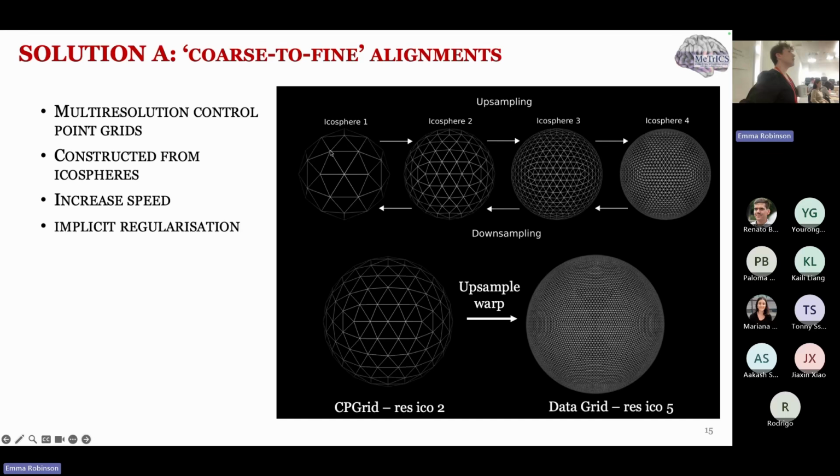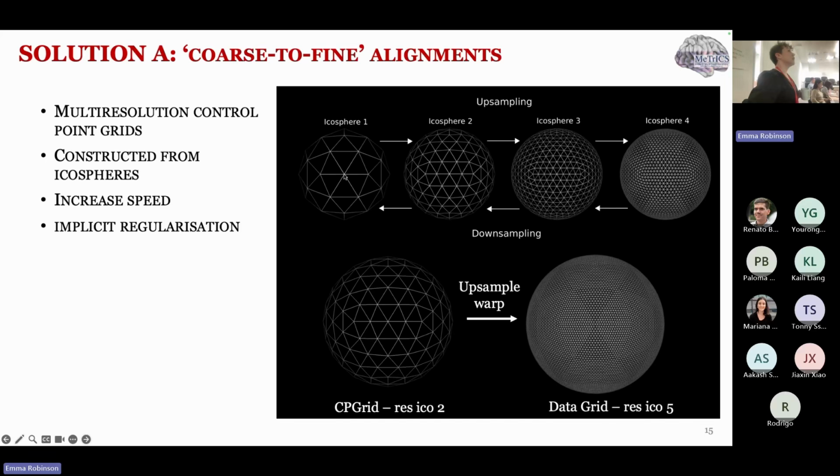This improves alignment because it gives you more freedom to move smoothly. You can learn a larger, smoother deformation at a low resolution, and then you can refine the fine detail as you upsample your deformation grid to finer and finer resolutions.